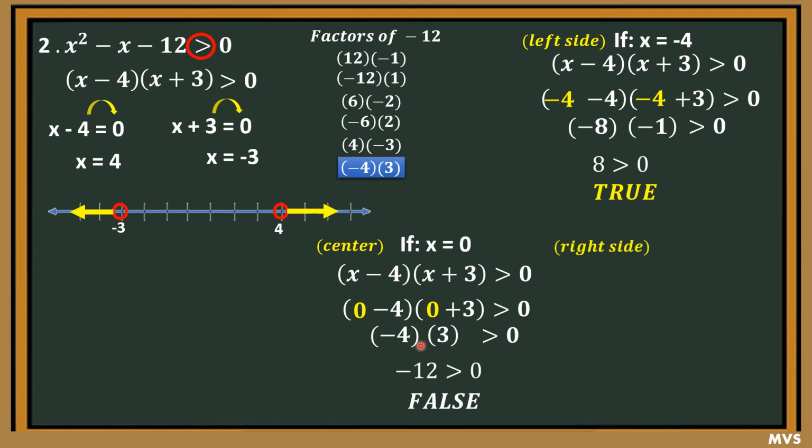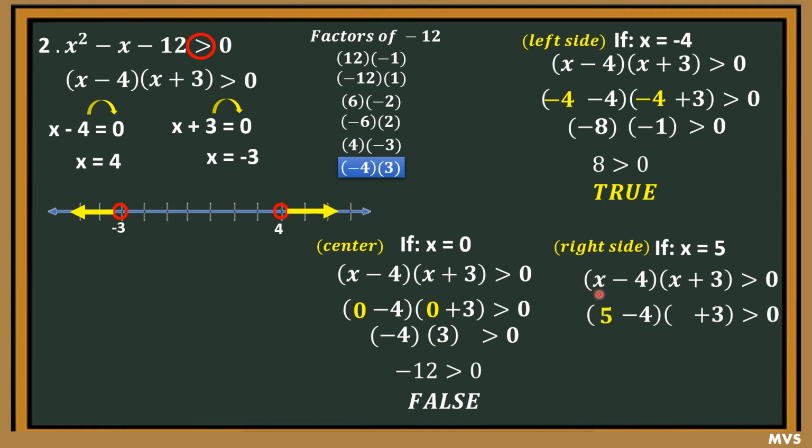Let's go to the right side. I'll choose 5. So x is equal to 5. Factor form, then substitute. Your x is 5. Just copy minus 4. Your x is 5. Just copy plus 3. Copy greater than 0.